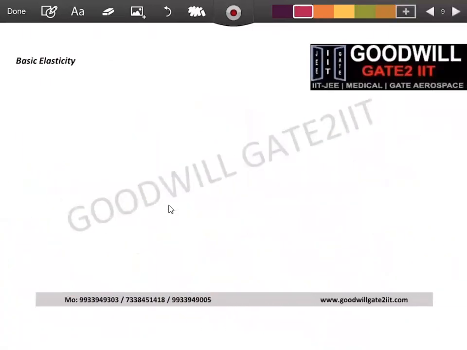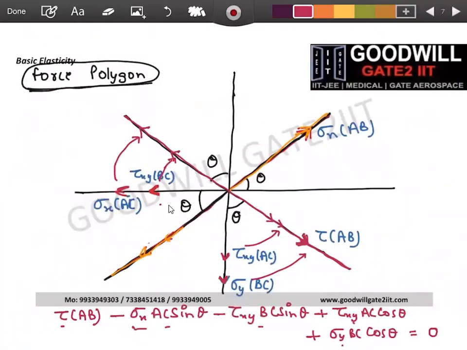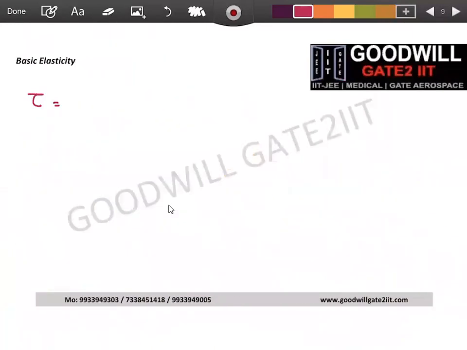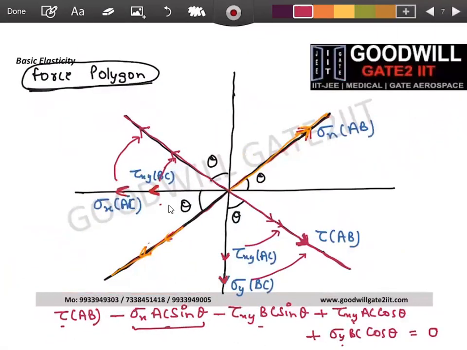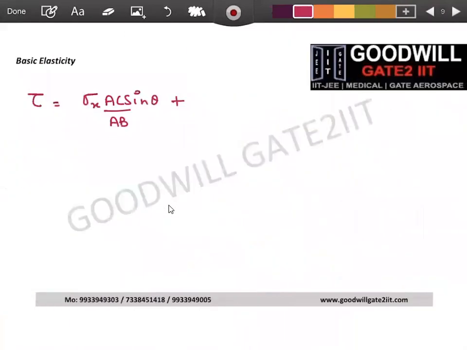Let me do it. So tau is equal to, let's see what we have now. We have sigma x AC sine theta divided by AB, plus what we have now, tau xy BC sine theta divided by AB.